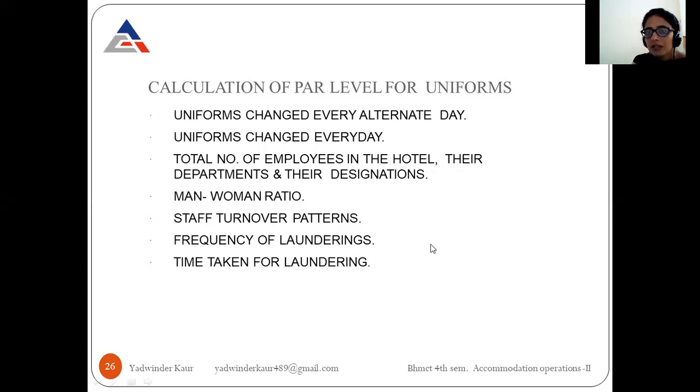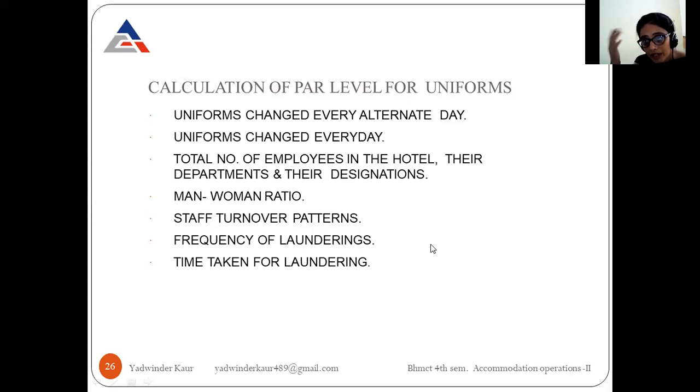So this is the calculation of the par level of our uniforms, like how many times we have to submit the uniform for cleaning. Whether uniforms are changed every day or on alternate days.